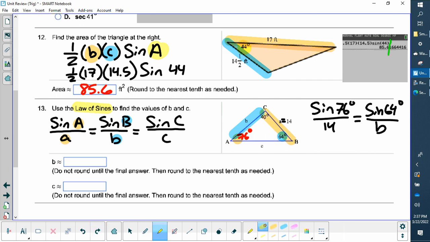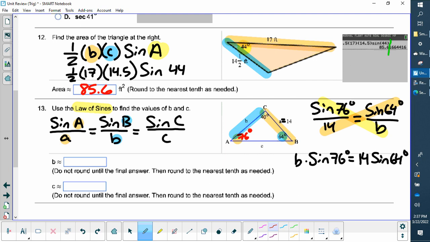I'm going to cross multiply. This times this equals that times that. I get B times the sine of 76 degrees equals 14 times the sine of 64. And now I have one step left. I need this to go away.